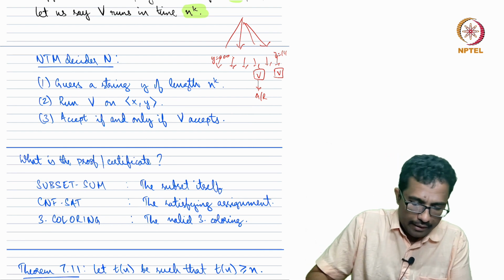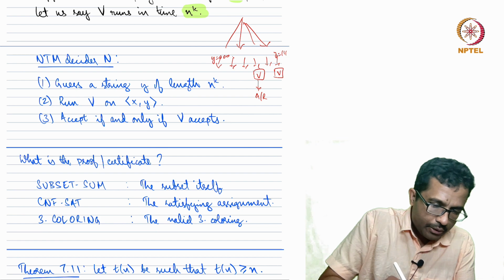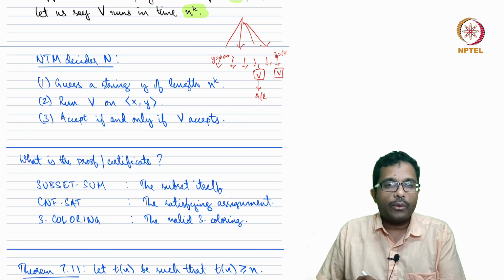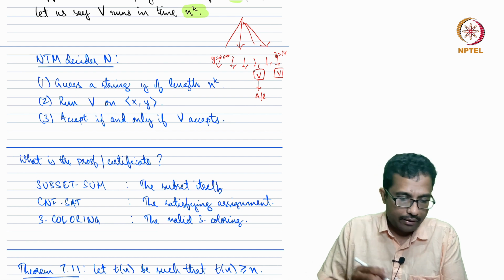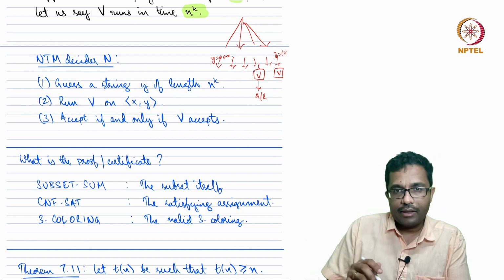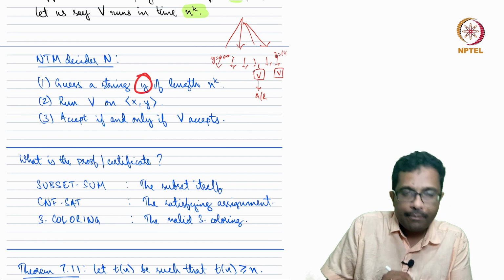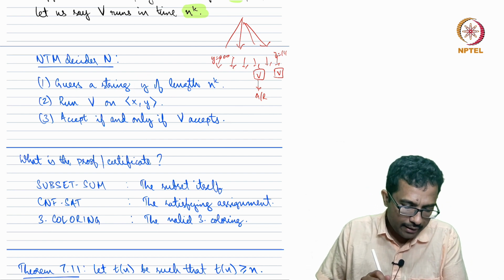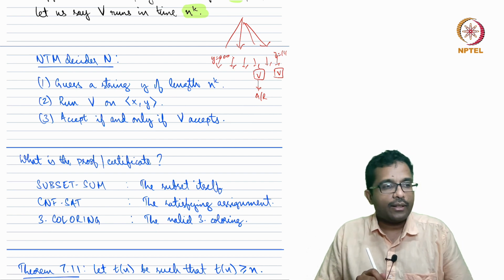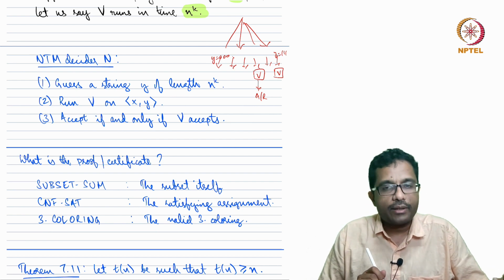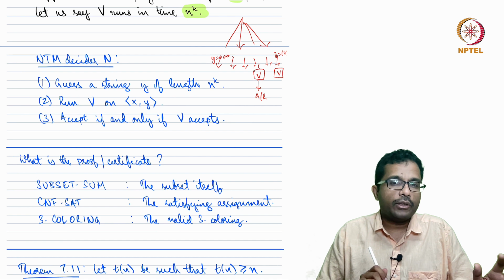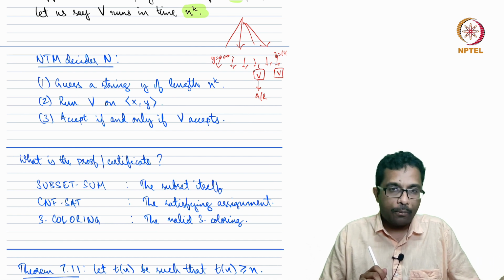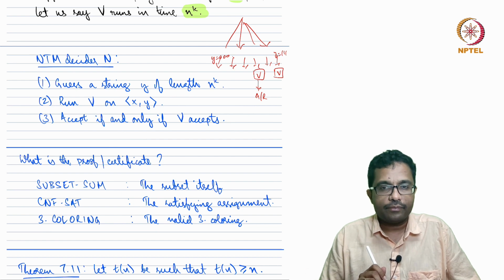Now just to recap, what is the proof or certificate or witness? The string y is the proof, or the certificate, or the witness. In different problems, what was it? In the case of subset sum, the subset that adds up to the target sum T itself was the proof. In the case of 3 coloring, the proper 3 coloring was the proof.